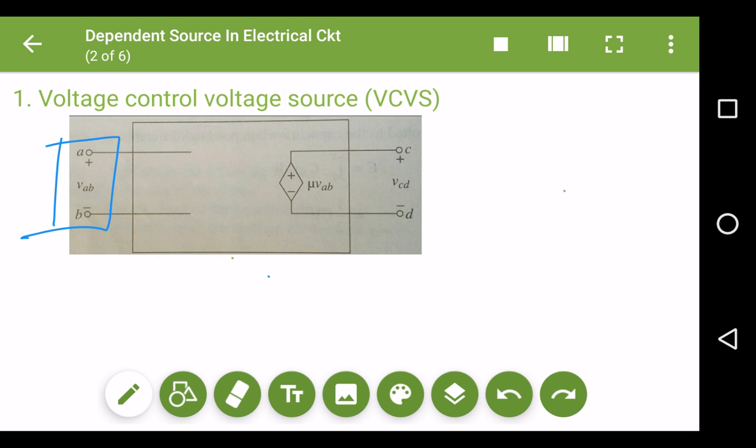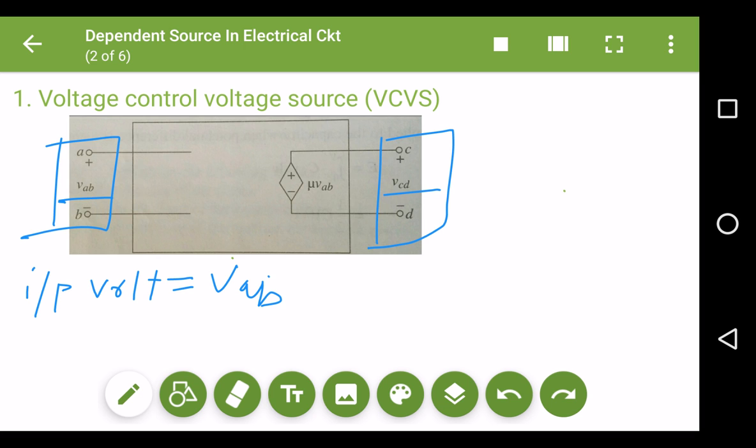The A and B points are applied with some input voltage, that is VAB. So this is my input voltage, and I will control the output voltage at terminal C and D. Okay, and my output voltage is VCD.